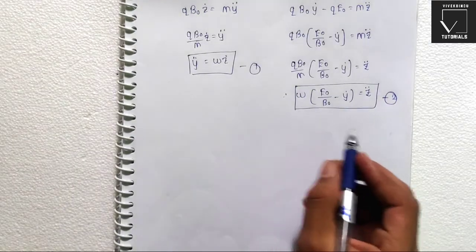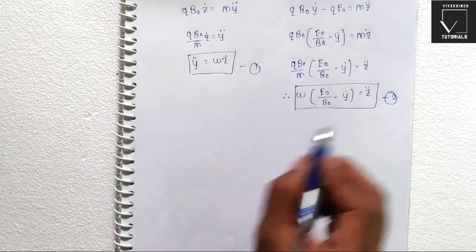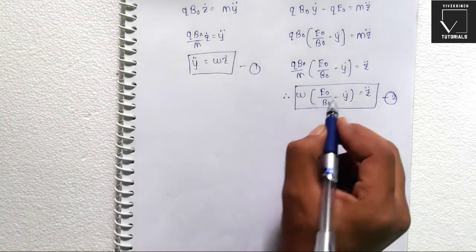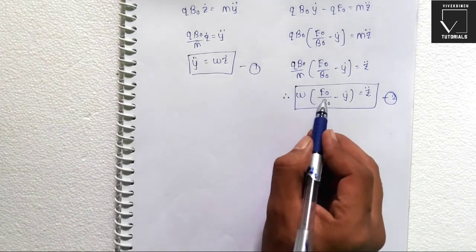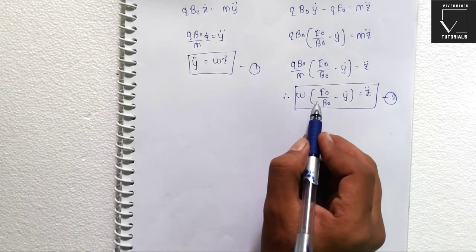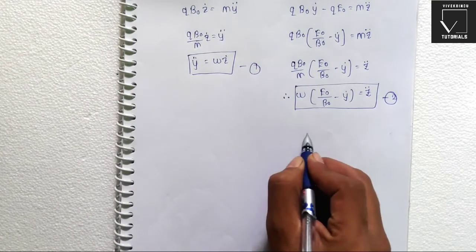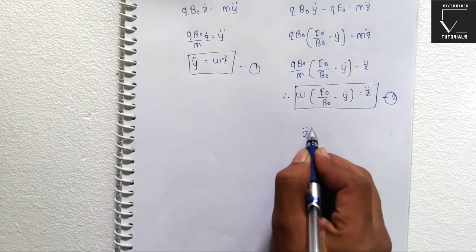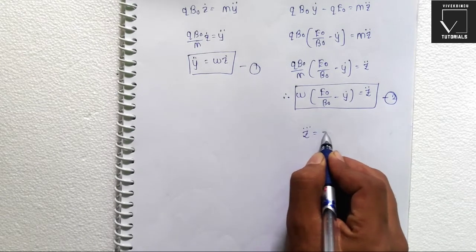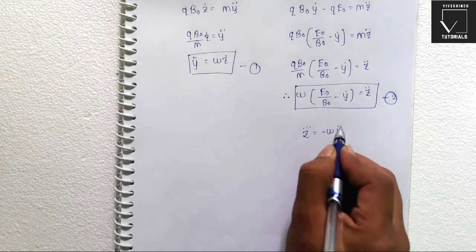Let's differentiate equation number 2 with respect to time. Omega E0 upon B0 is constant, therefore the derivative of this term is 0, and we get z triple dot is equal to minus omega y double dot.